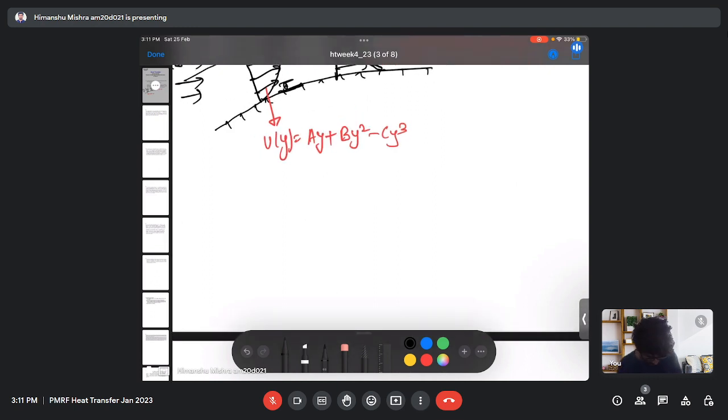From this principle, we can write our heat transfer equation, and from here I can find my heat transfer coefficient.